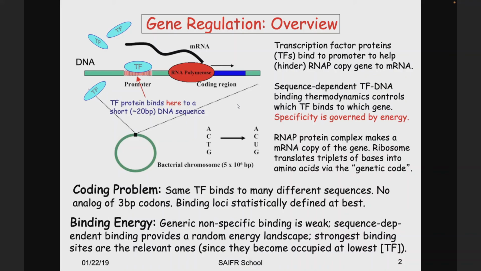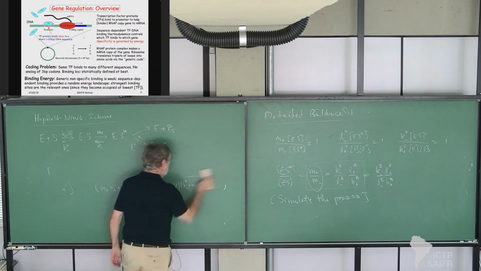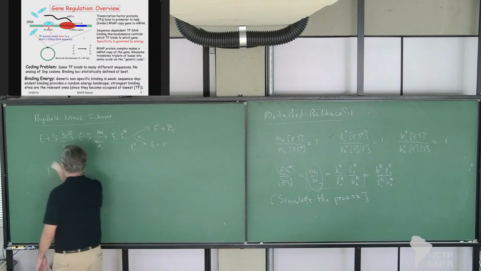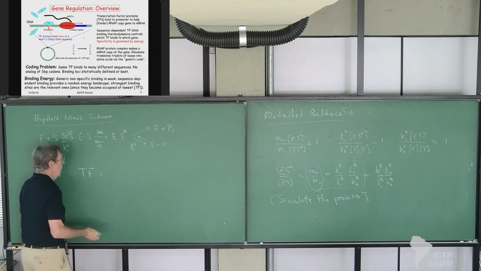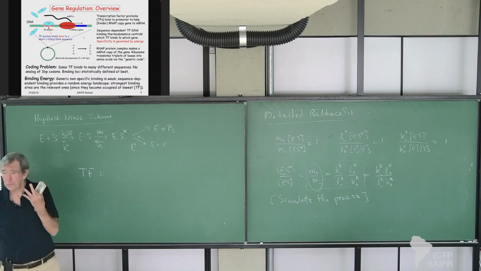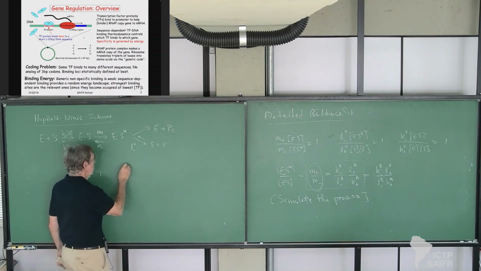So just to leave it for the end of the day, for each transcription factor, it has an energy function that is going to govern what it's really going to do. And what is this energy function?